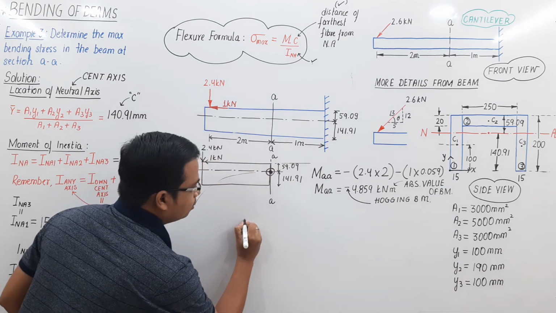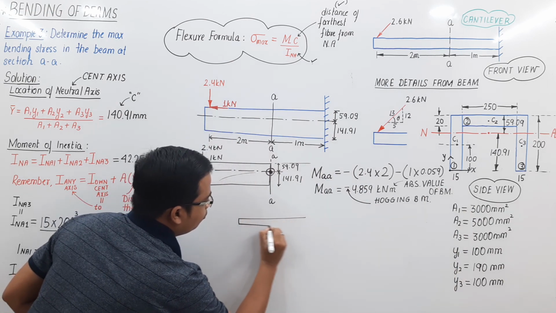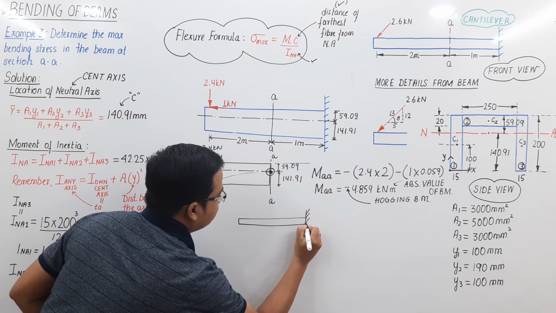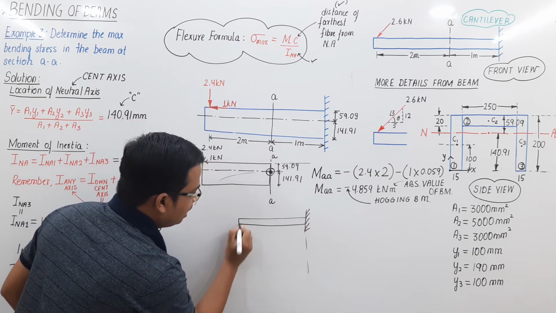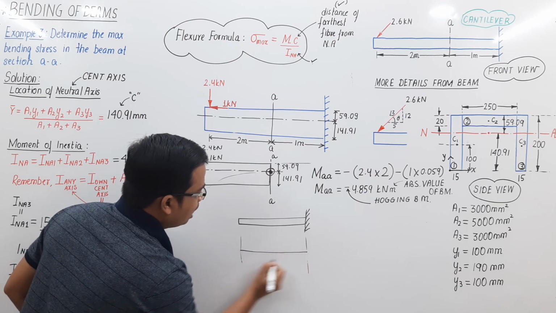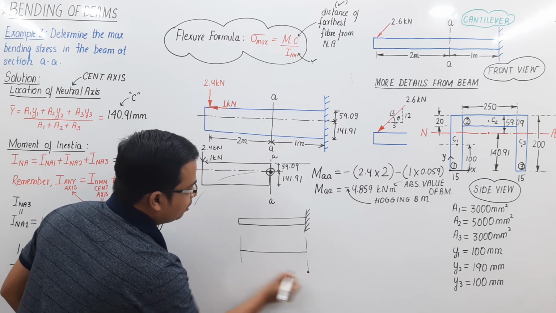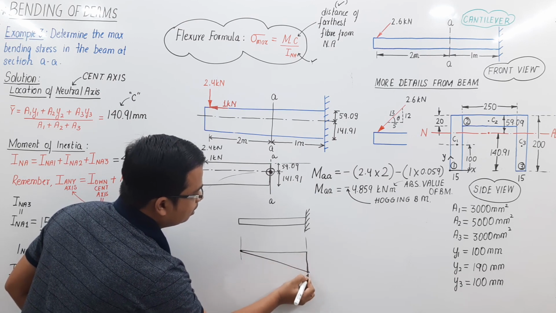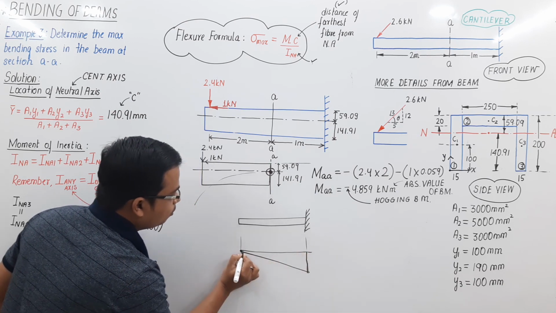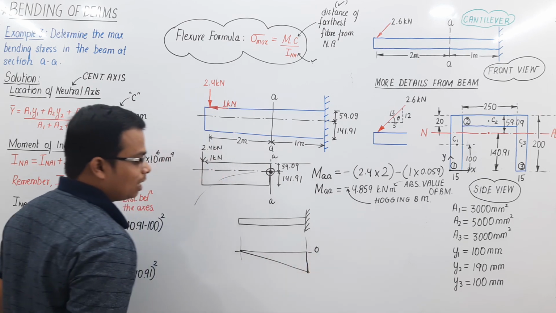If you just take a look at this, let's say you've got a beam like this, fixed at one end, free at the other. That's a cantilever beam. If you try to make the bending moment diagram, it would have the maximum bending moment over here and zero bending moment at the free end. You try to make a plot, it would be something like this. This is the zero line or the baseline.